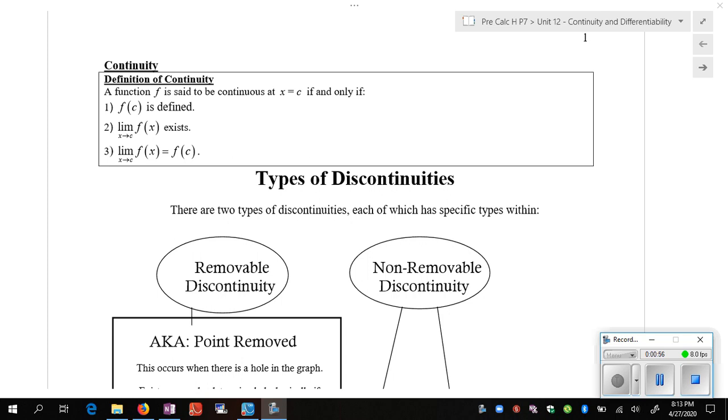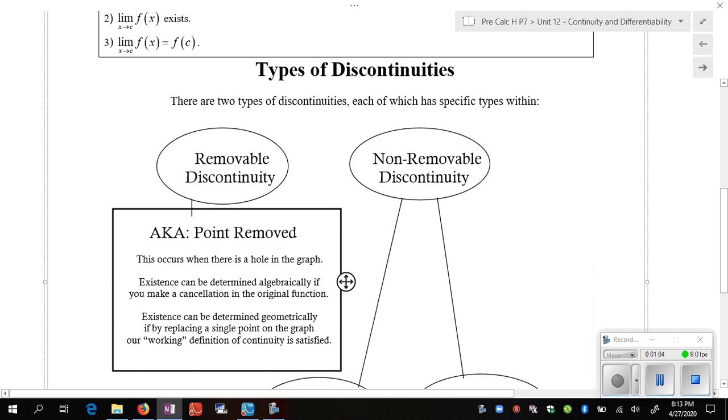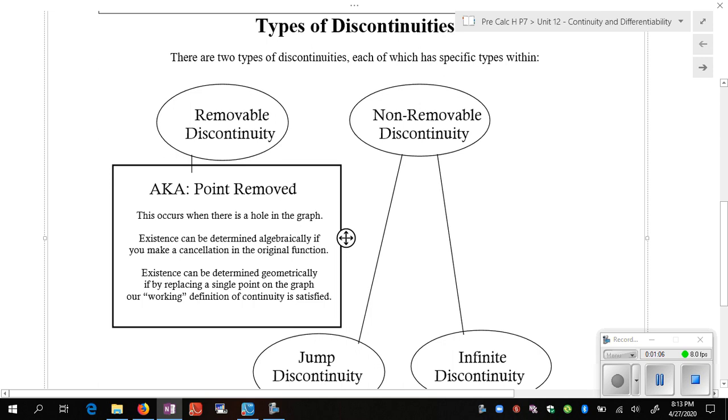If we are talking about a function that has discontinuity, in particular, we'll start with a removable discontinuity, that would imply that the limit still could exist, the function could still exist, but the limit and the function values do not approach the same thing.